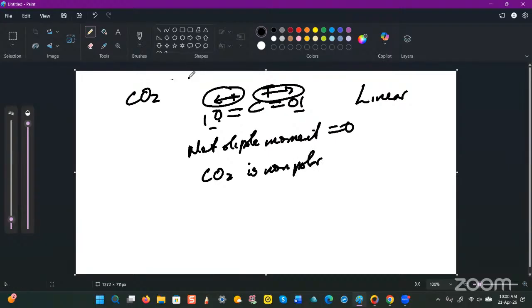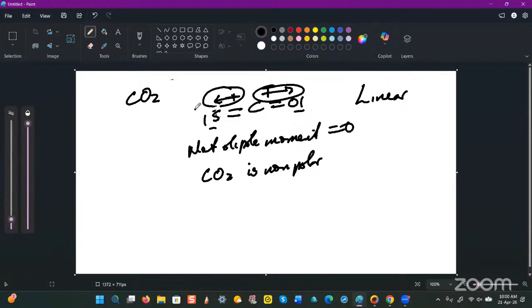Okay. Now let me make a minor change to this carbon dioxide molecule. If instead of oxygen here, we have, let's say, sulfur, right? Question is, would this molecule be polar or nonpolar? Well, it's going to be a linear molecule, right?